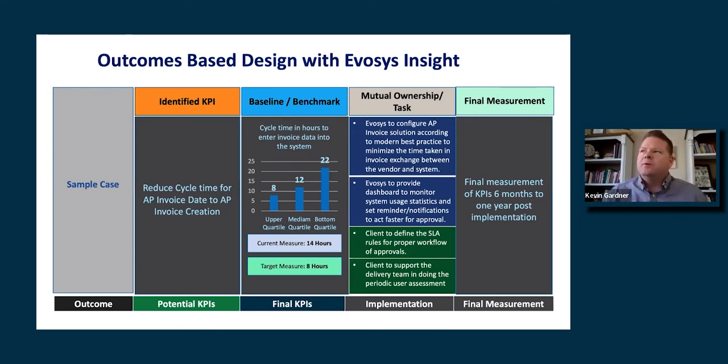We're going to help you understand where that ownership comes in, what we're going to do for you in regards to providing the actual configuration of the KPI, and then what is your responsibility as an organization to keep up with those areas. And then ultimately, you have that final measurement of what the output is, capturing that information and leveraging that not just through an implementation process, but obviously beyond, using the application.